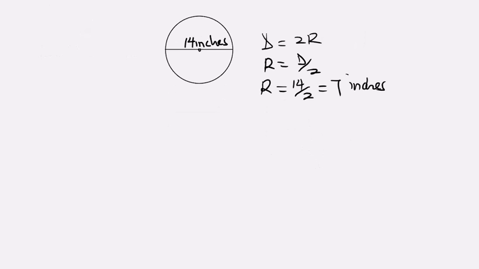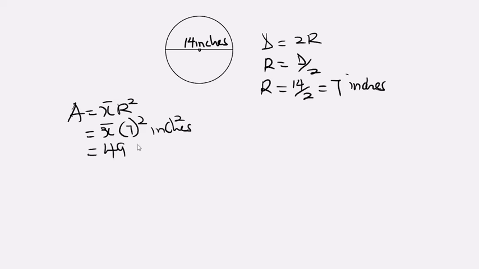So we know that the area of a circle is given as pi r squared. So we will have pi times 7 inches squared. 7 squared is 7 times 7, which gives us 49 pi square inches.